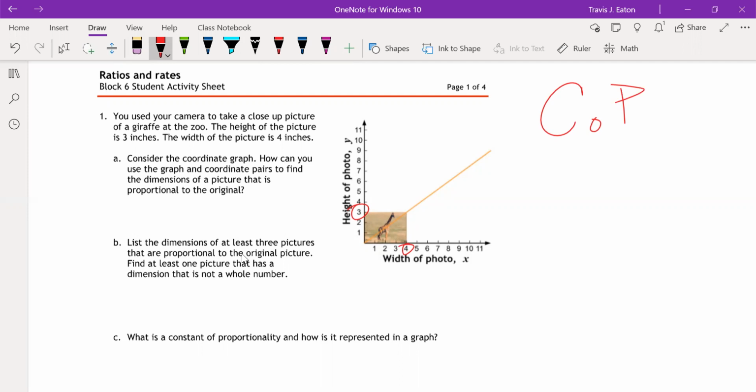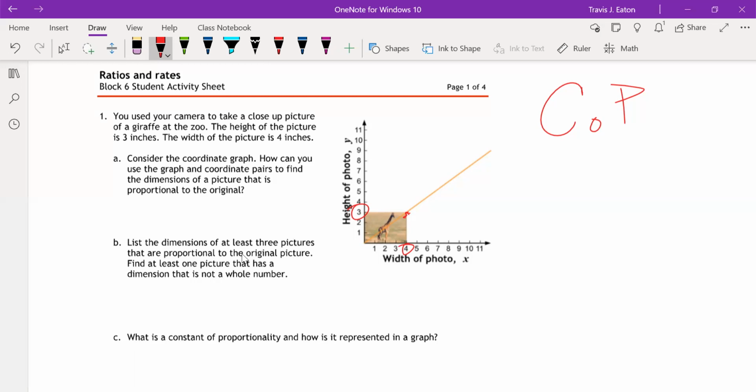So here's what I want you to see. If I take this picture of the giraffe and I take that corner, as long as this corner stays on that line, every place on that line, as long as that corner is on the line, that picture will be proportional to the original.